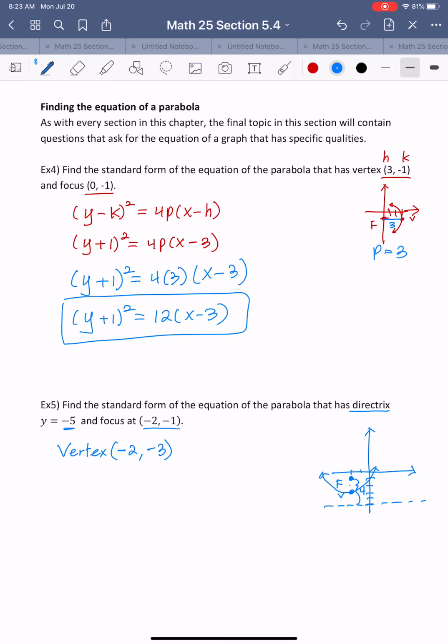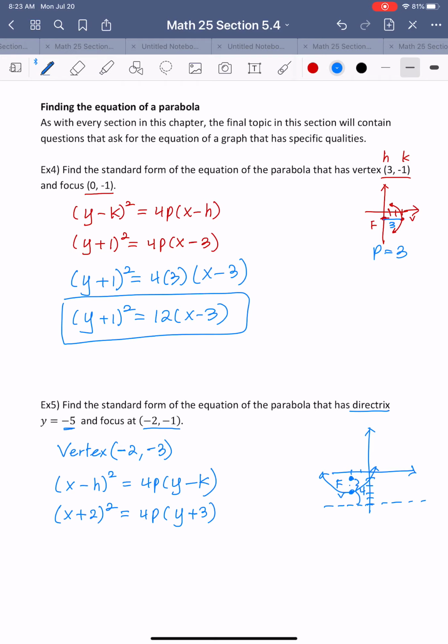Okay, and then it's going to be up, so we have to put (x - h) squared equals 4p times (y - k). So (x minus -2, plus 2) squared, 4p times (y minus -3, plus 3).